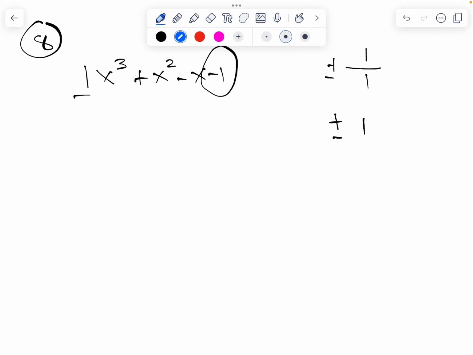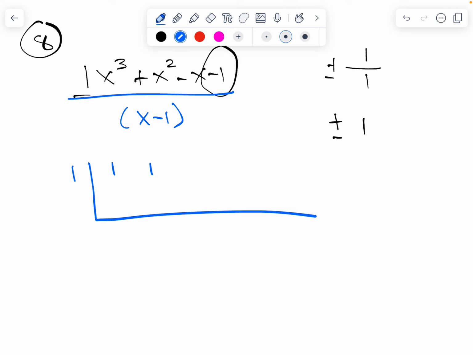So we're going to attempt to divide this thing by x minus 1. Let's see if x minus 1 is a factor. In other words, let's see if 1 is a root of the polynomial. So to test if 1 is a root of the polynomial, we got our long division set up. We're going to bring that one down, multiply, add, and that works.